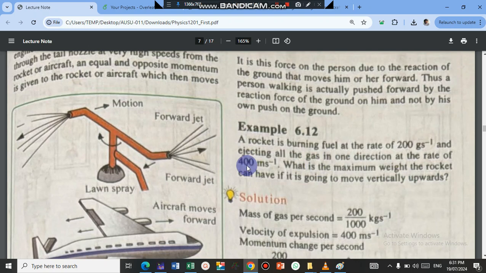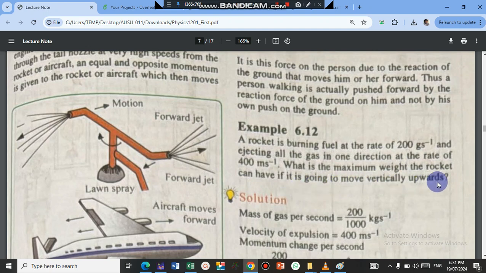What is the maximum weight the rocket can have if it is going to move vertically upwards?